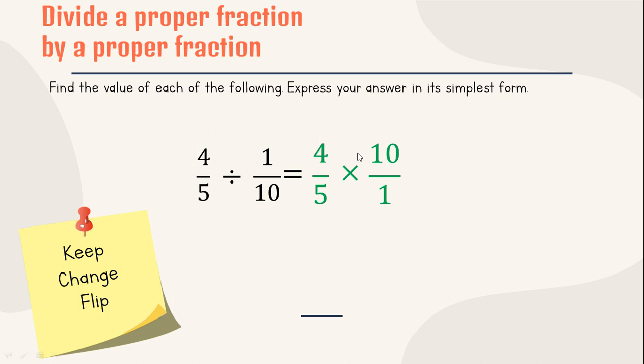Can this 4 and then 10? No. Can this 5 and 4? No. So what is that? 5 and 10. Can this 10 become 5? Yes. So divided by 5, 1 and 2. Can we do it? Yes. So 4 times 2 equals 8. 1 times 1 equals 1. So 8 per 1 is 8.